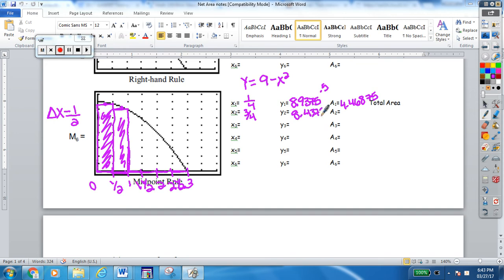And then of course you multiply this y value by the width of the rectangle, which is still 0.5. It's not a fourth. It's still 0.5 units wide. You're just using the middle value to compute the height of each rectangle. Multiply by the width and then compute your area. I believe it is 4.21875. And at the end you're going to add your areas, and of course that's your total area.